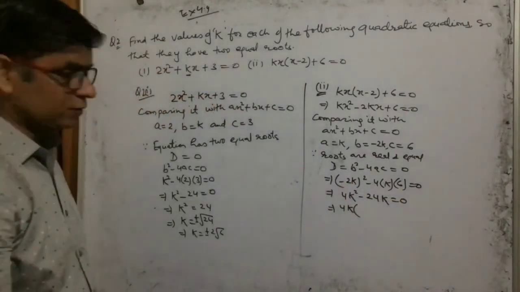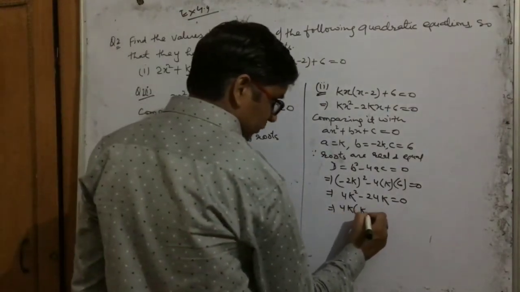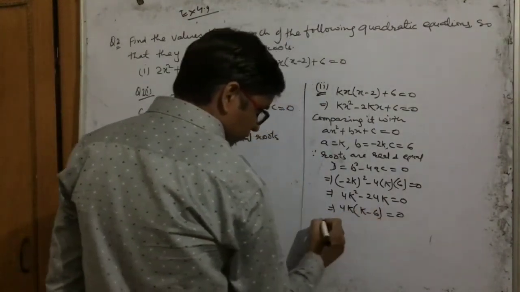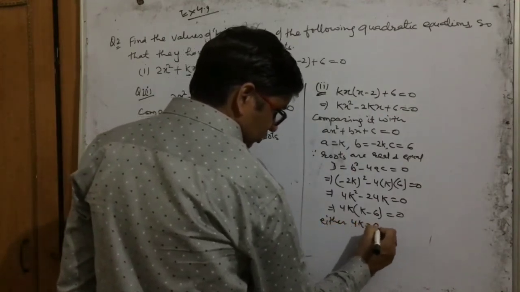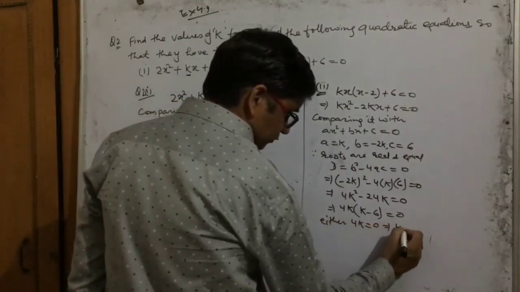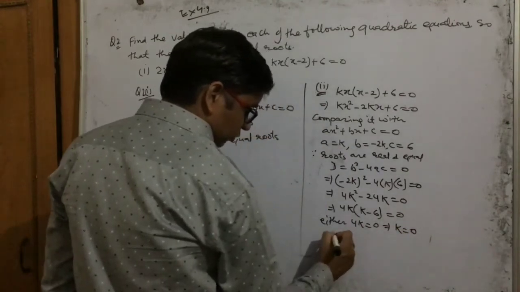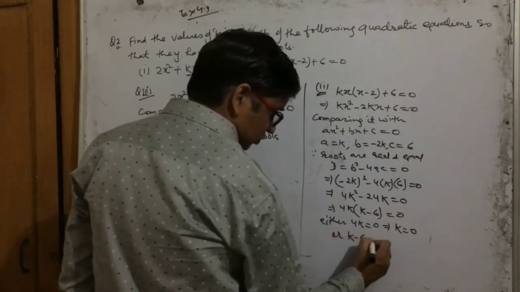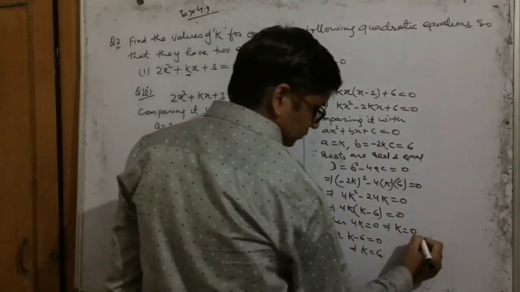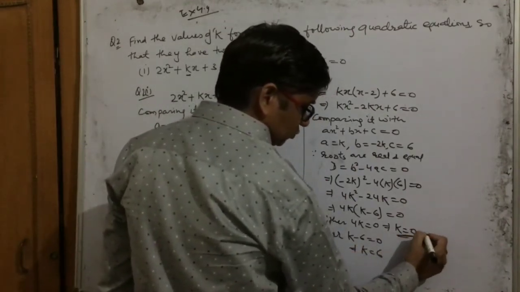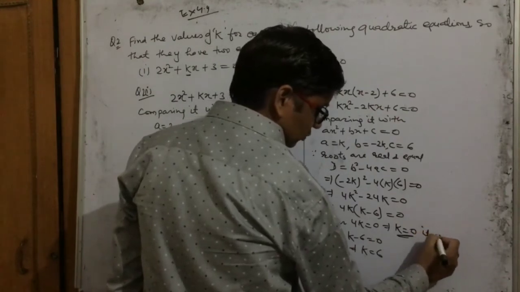Taking the common part, 4k times k minus 6 equals 0. If 4k equals 0, then k equals 0, or k minus 6 equals 0, so k equals 6. k equals 0 is not possible.